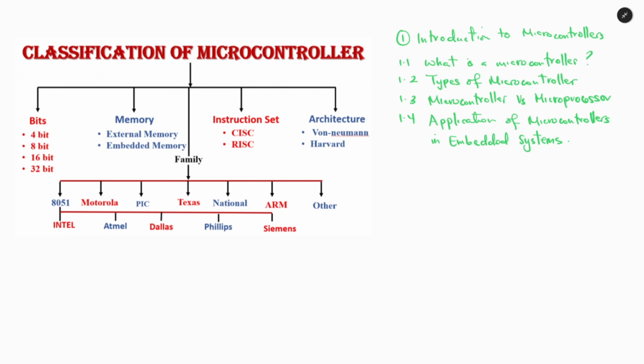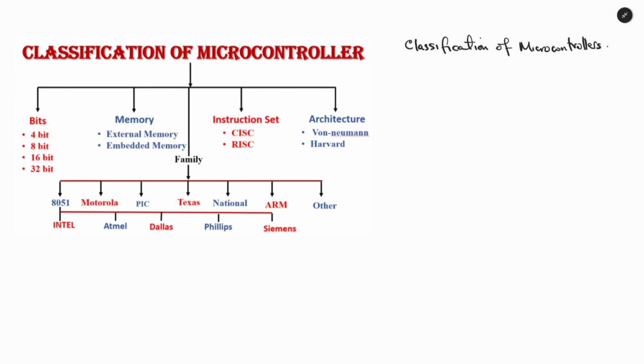Now in this video, we are going to look at the types of microcontroller, especially the classification of microcontroller, and we'll move on to discuss the difference between a microcontroller and a microprocessor, and finally we will look at some applications of microcontroller in the embedded system.